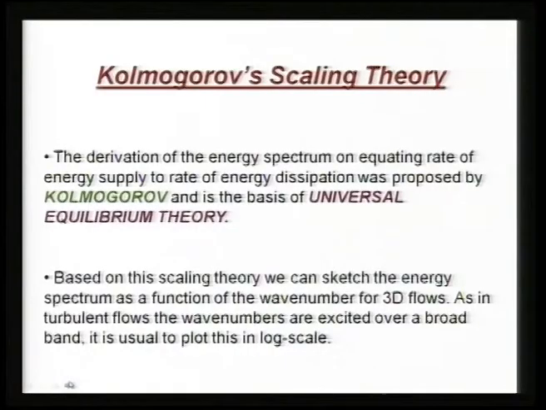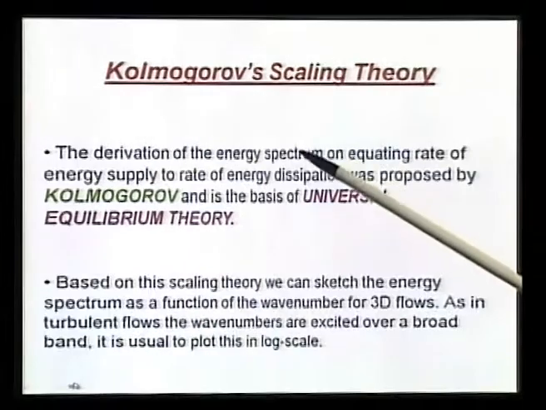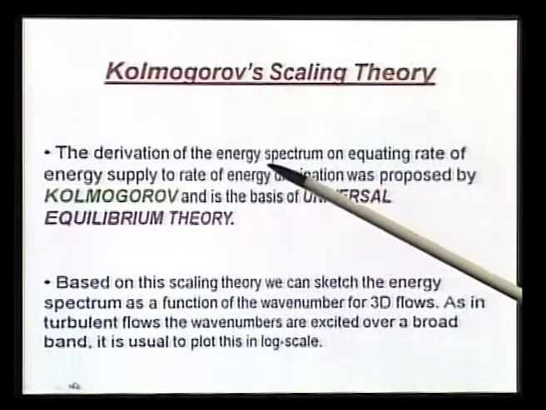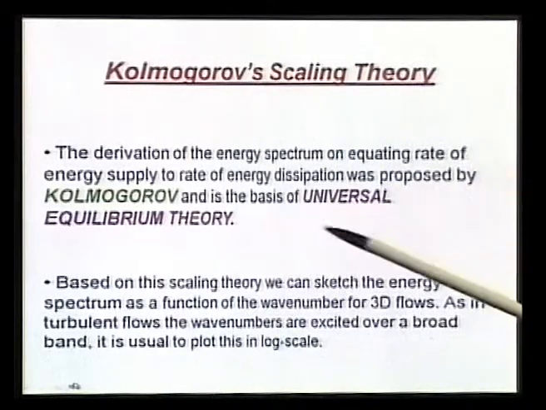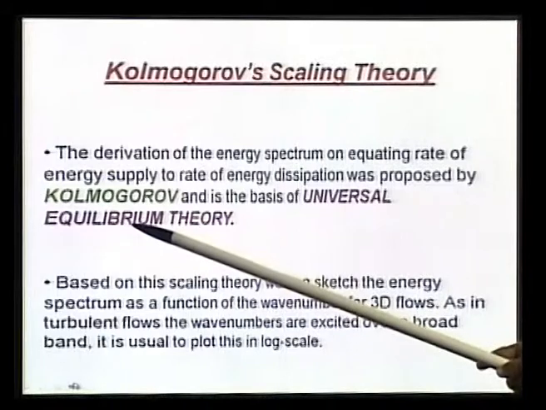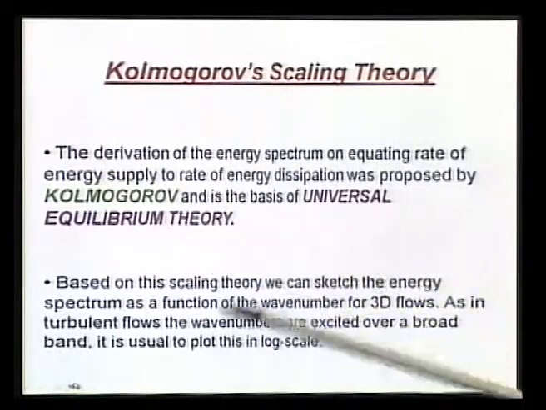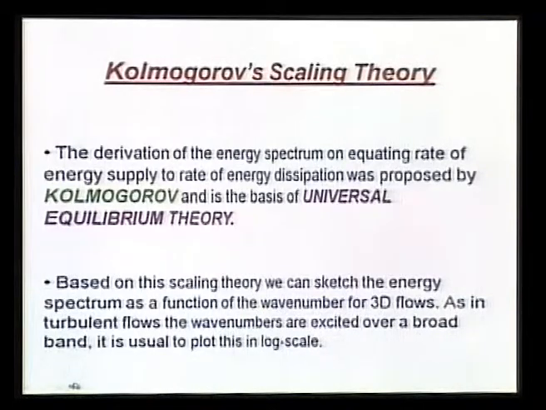Okay. So, now we have a very decent view of the energy spectrum, that we can obtain by equating rate of energy supply to rate of energy dissipation, and this was a kind of equilibrium condition proposed by Kolmogorov. It goes by the name universal equilibrium theory of Kolmogorov.